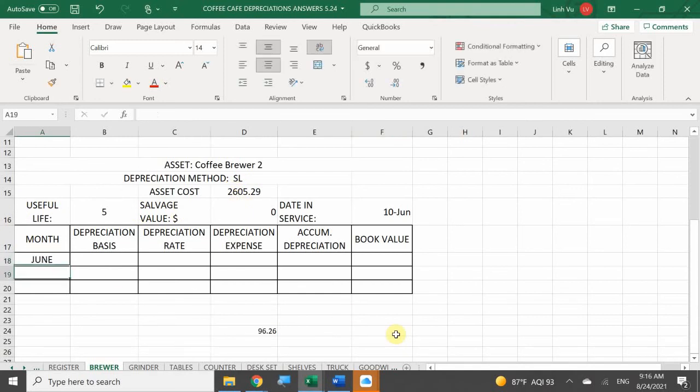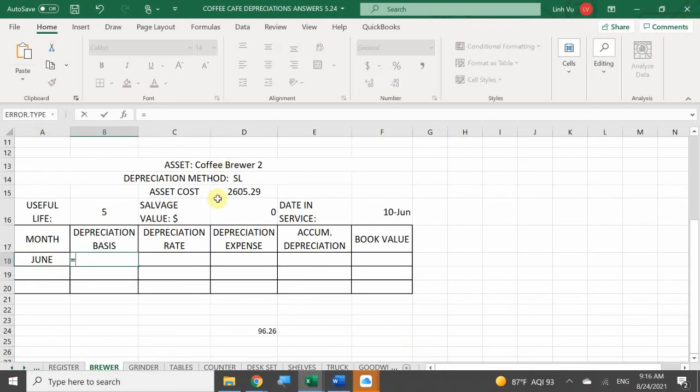Okay. In this case, right, depreciation basis is going to be straight line basis, depreciation basis. That one I don't have. 15.